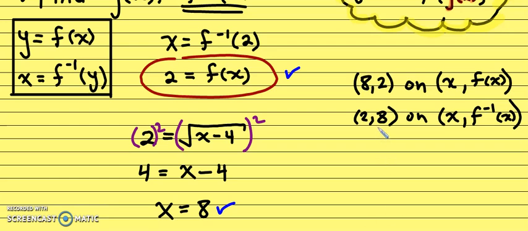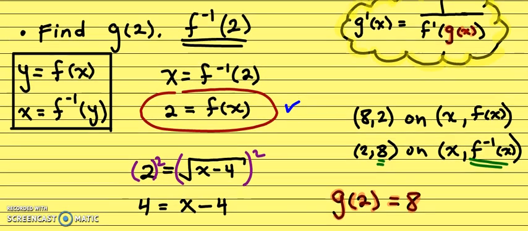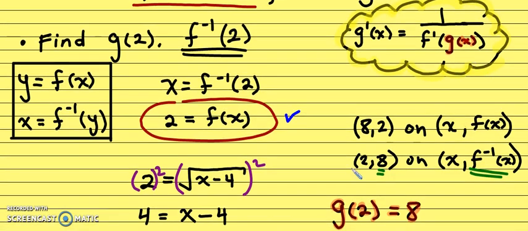And using this, we know that f inverse of 2 is equal to 8, or in this problem we're using g to represent the inverse, so g of 2 is equal to 8. Alright, so we found one piece of information that's going to help us find g prime of 2. So to find g prime of 2, we're going to replace this with an 8.